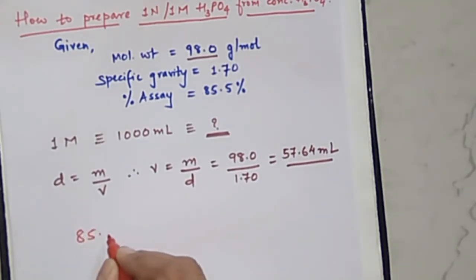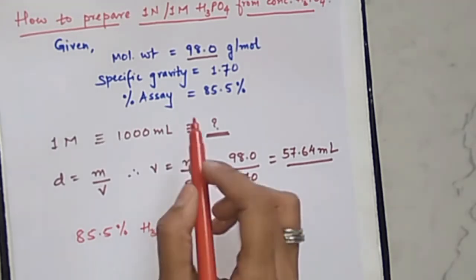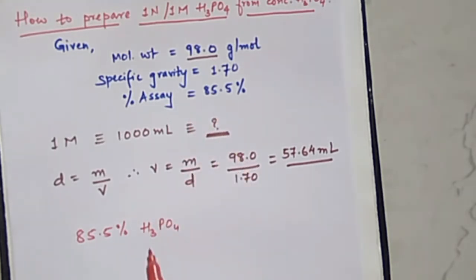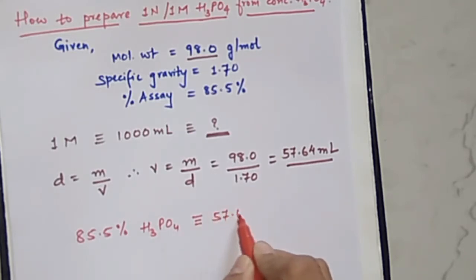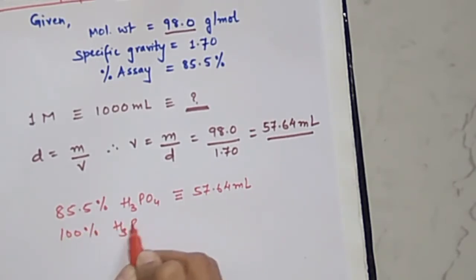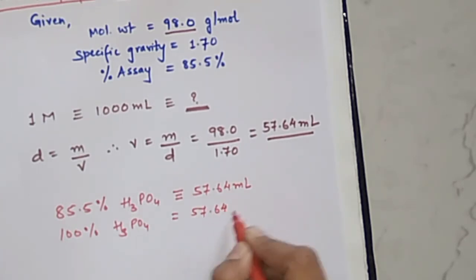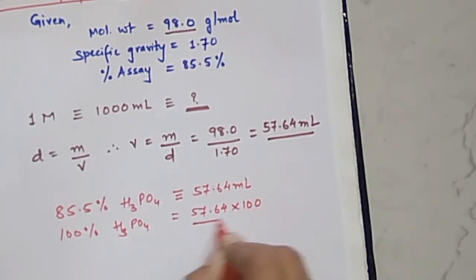Now, the second step is the 85.5 percentage. The percentage assay is 85.5 percent, which consists of 57.64 ml of the acid. So for 100% phosphoric acid, how much will be the volume? That is equal to 57.64 into 100 divided by 85.5.